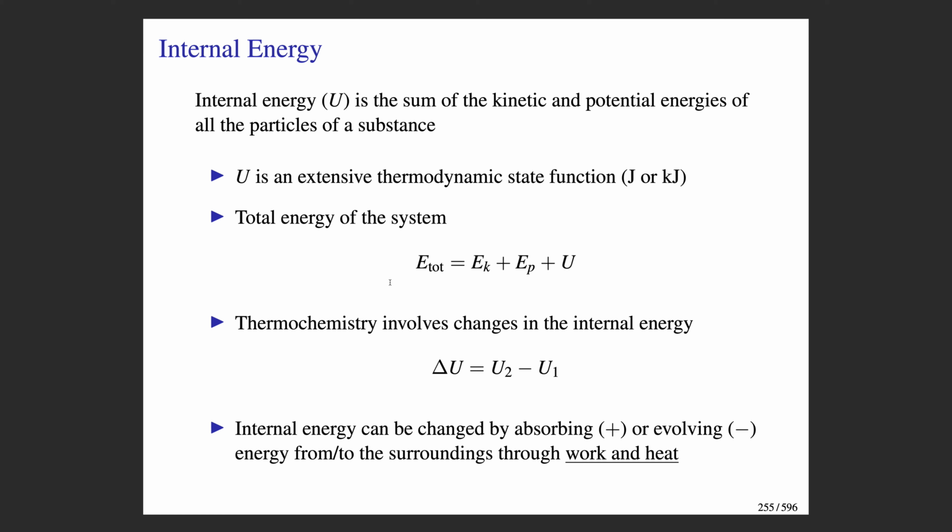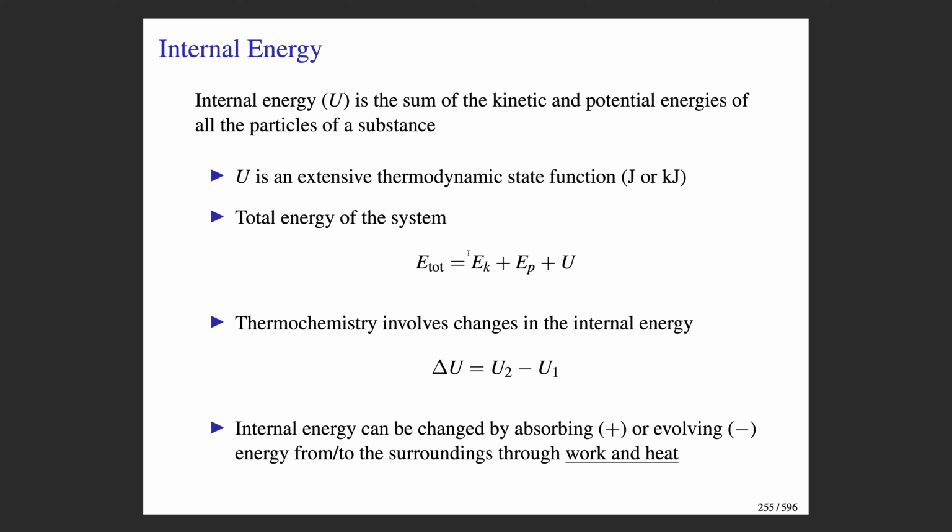And here I have an equation showing you how the internal energy fits in with the total energy of your system. So here the total energy of your system would be a sum of the system's overall kinetic energy. So for example, if the system is moving through space with some speed, it would have an overall kinetic energy.